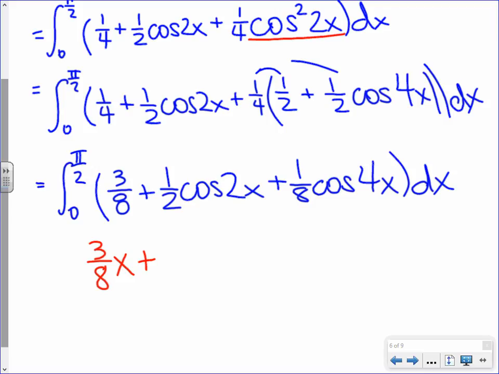I think it's positive 1/4 sine of 2x. Yeah, we've got to keep those straight. Reverse chain rule, we have that 1/4 instead of 1/2. Plus the antiderivative here.